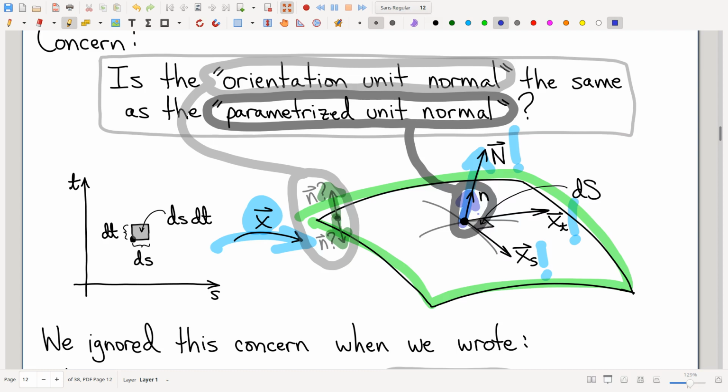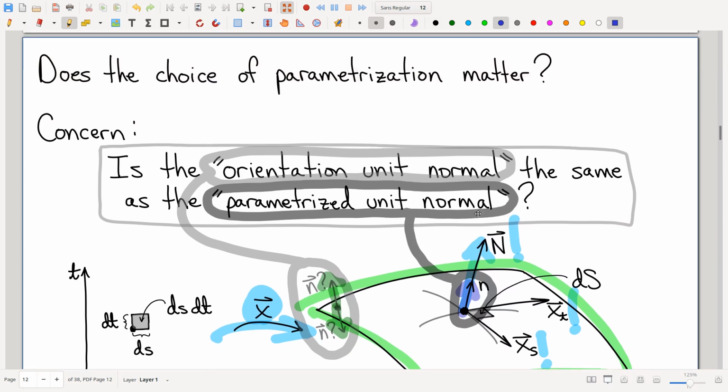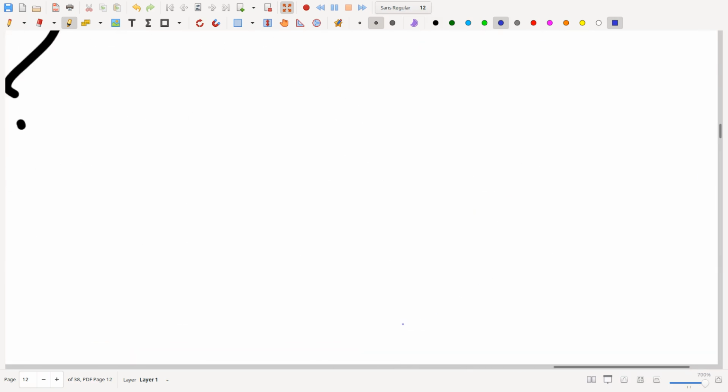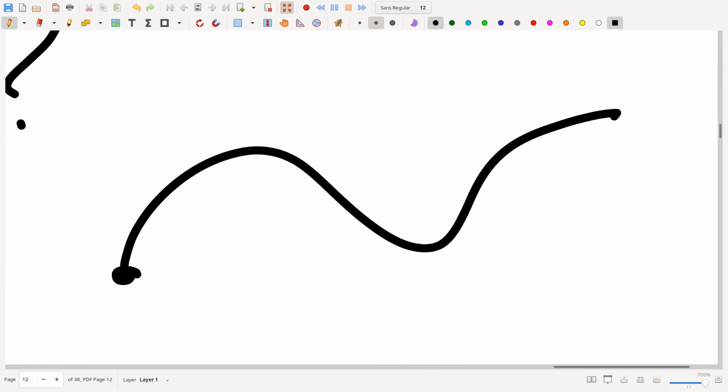So there's an analogy here to something we've seen before. We didn't really talk about it because this wasn't a problem particularly. But if I have a curve, here, for example, is a curve between those two points, I want to know how much work does it take to move along this curve? Well, which direction are you going?